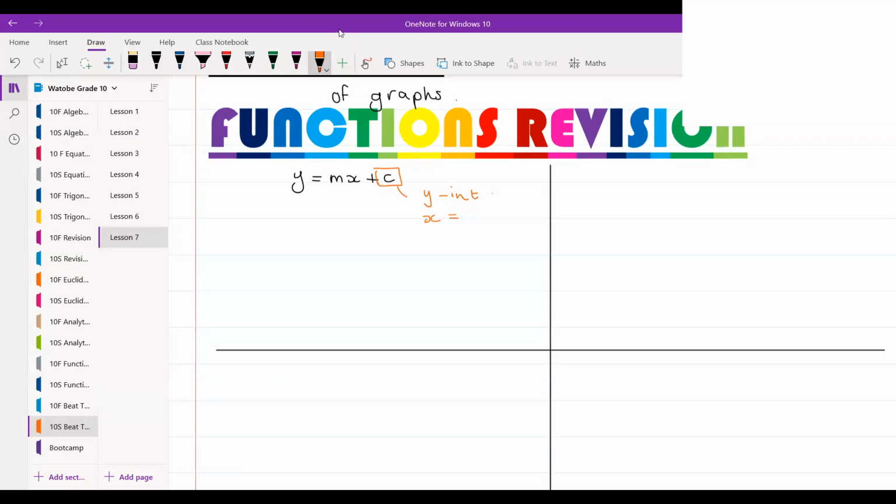We know that x will equal 0. So we can also find an x-intercept. And what do we know happens at the x-intercept, guys? Good, y is equal to 0, excellent.